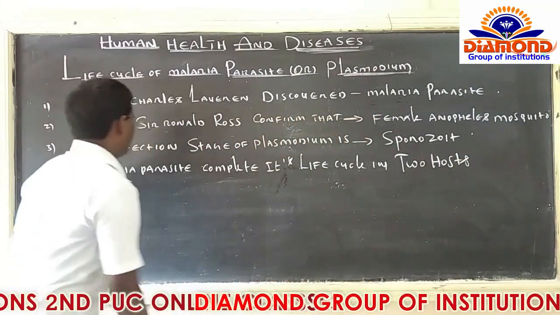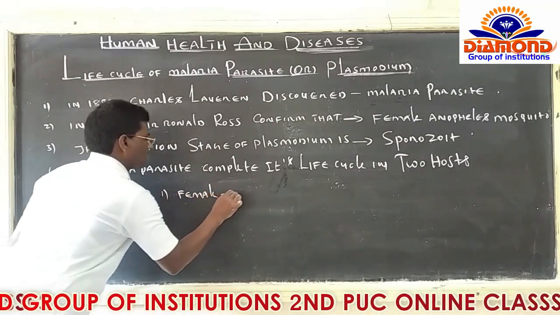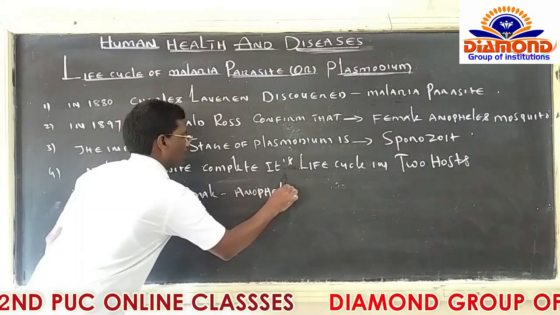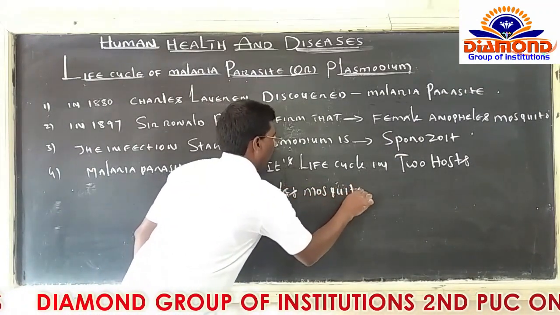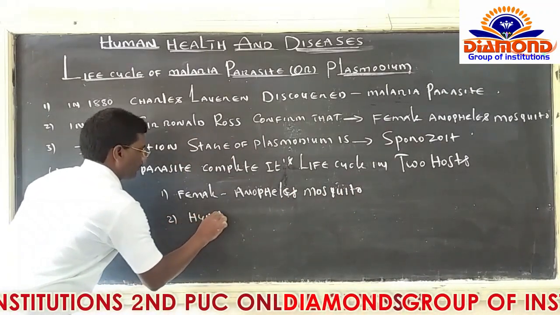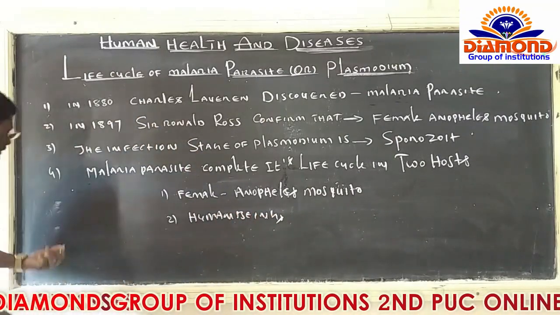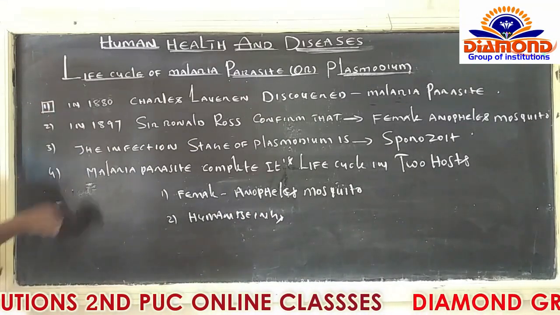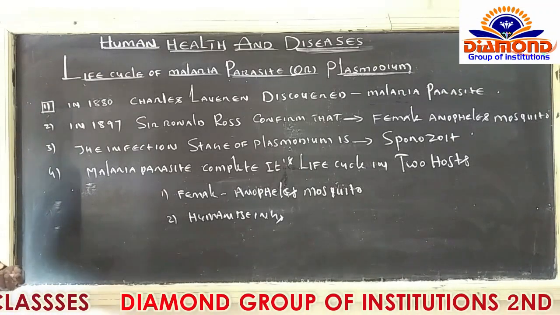Number 1, the female Anopheles mosquito, and number 2, the human being. Now have a look here. I made it very clear, the back history regarding malaria disease, otherwise the back history regarding Plasmodium or the malaria parasite.